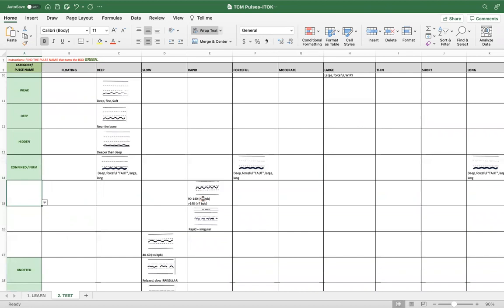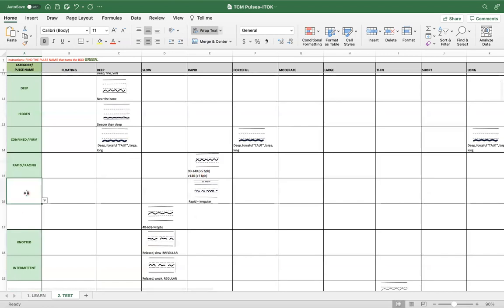If we have a pulse that is more than 90 to 140 beats per minute, this is a rapid pulse. And I put here rapid or racing because the only difference is just the BPM, beats per minute. In parentheses, we have beats per breath, which is another way to measure the frequency of the pulse in Chinese medicine.